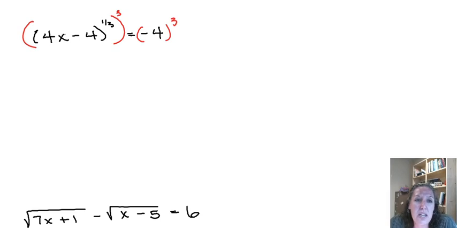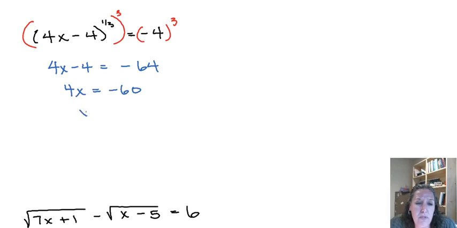And when we do that, we have a power raised to a power, so we'll multiply those exponents and we will get just 4x minus 4 to the first. On the right-hand side, we have the quantity -4 cubed, which simplifies to -64. We can add 4 to both sides and we get -60.